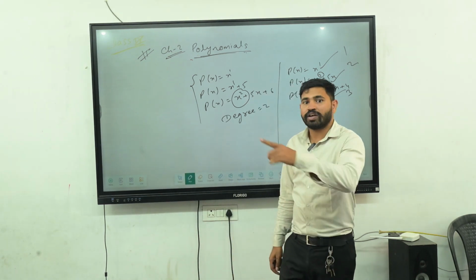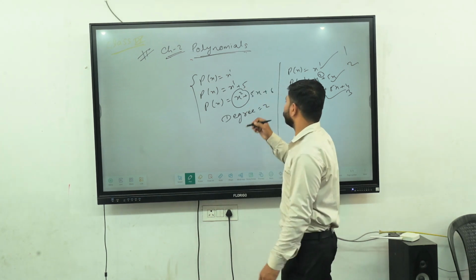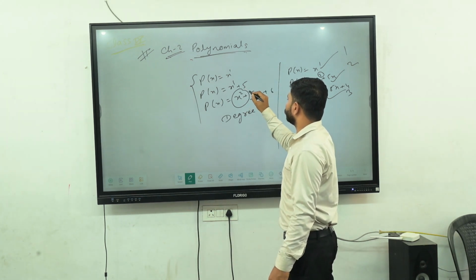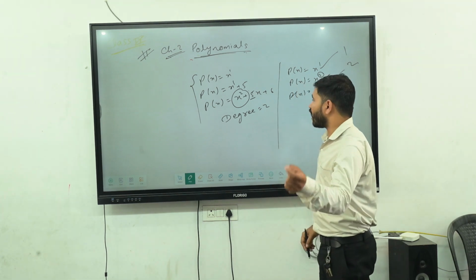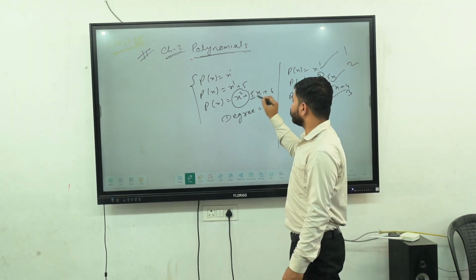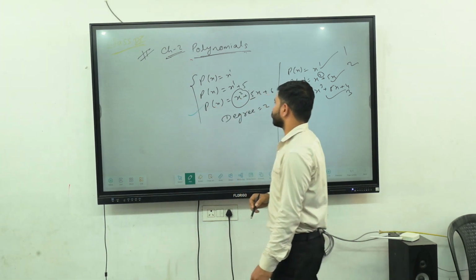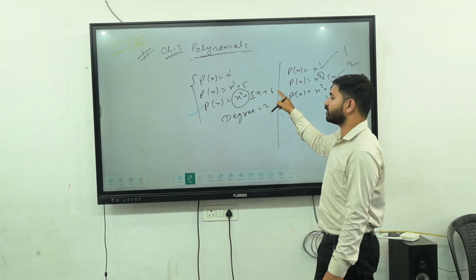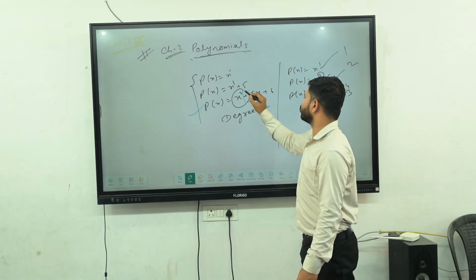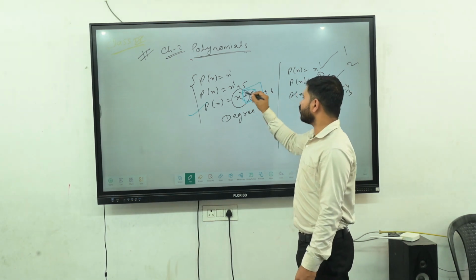Okay, and see what is coefficient. I just told you that it is the number or constant used with a variable. See, if anyone asks the coefficient of x in this equation, P(x) equals x square plus 5x plus 6, then see the number: plus 5.